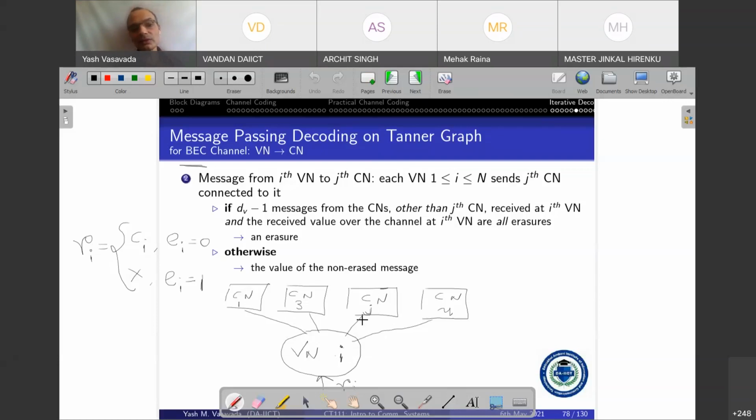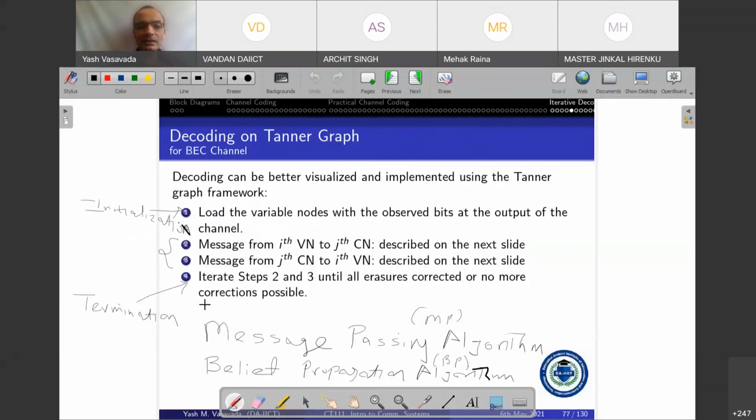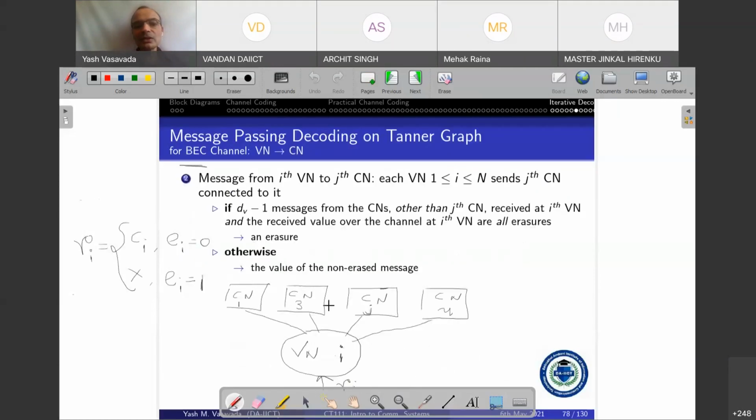Not in the first iteration, because in the first iteration, in the initialization, only VNs have been loaded. We don't know what the CNs are because we haven't reached step number 3 where CNs start taking values. So initially, we are going to assume that all the CNs are not sending any message. But in general, for the algorithmic description, we have to consider subsequent iterations when CNs start having values.